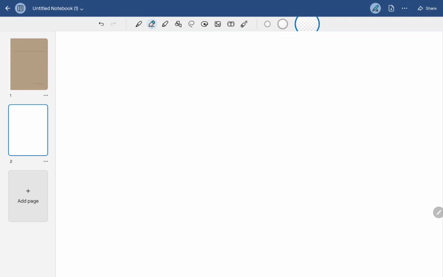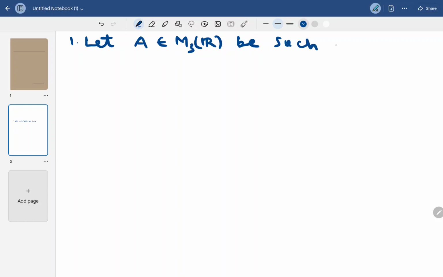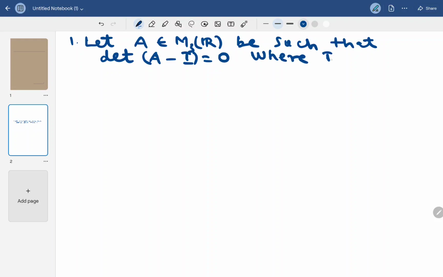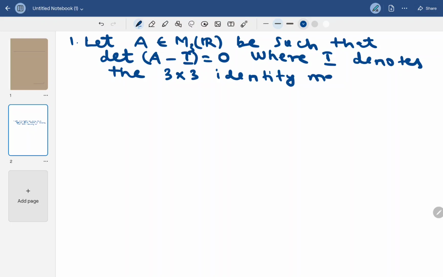The problem is: let A belong to M3(R) such that determinant of A minus I equals 0, where I denotes the 3 cross 3 identity matrix.